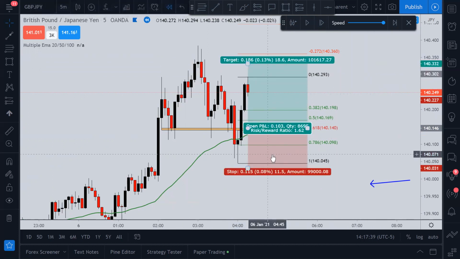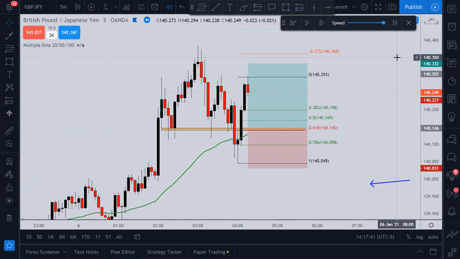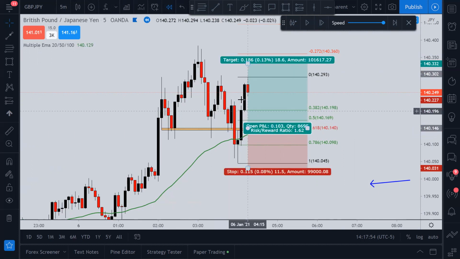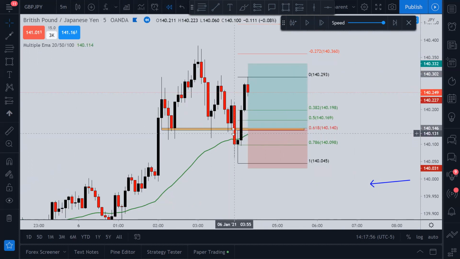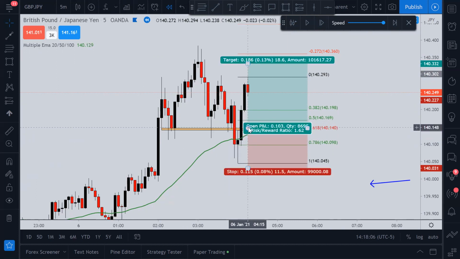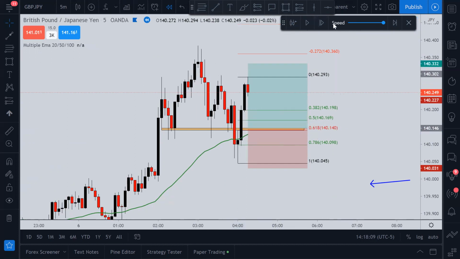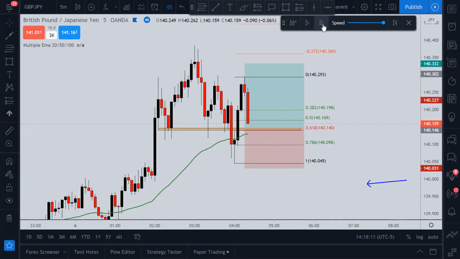Okay. Now, this is where we're at. Be careful here. I'd much rather see the test on this level as testing resistance as opposed to support. But we do have a test of support, but mostly a resistance. So I'm going to be wary of this level as price comes in for a landing. And you see, there's no wick there.